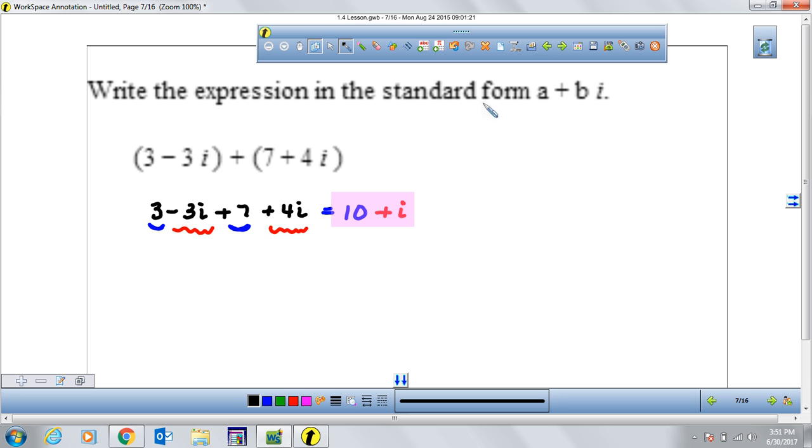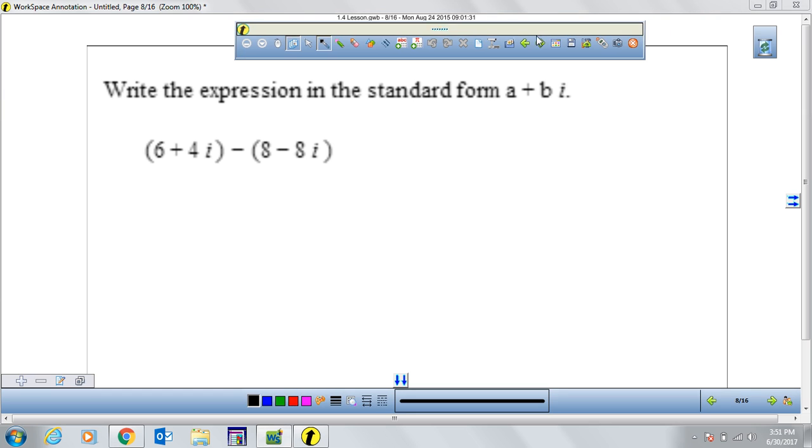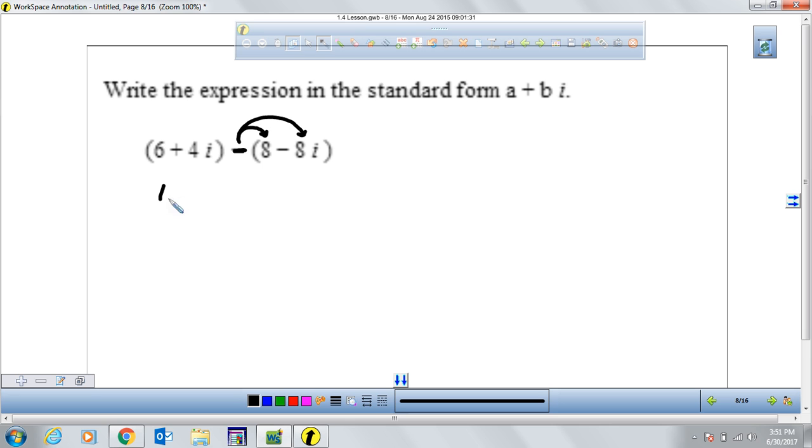So all that is required, keep in mind, when adding or subtracting complex numbers, is that we need to combine like terms. Now, for the subtraction, there's going to be one small difference, which is that right here, that subtraction sign needs to be distributed over the second complex number first. So that's going to give me a 6 plus 4i minus 8 plus 8i.